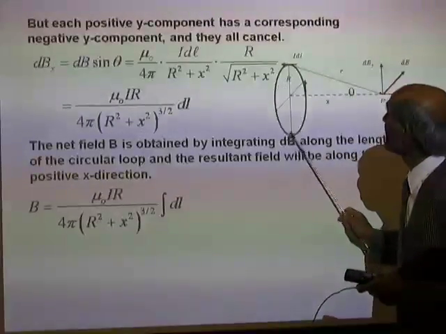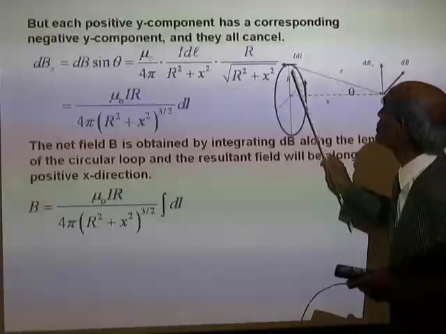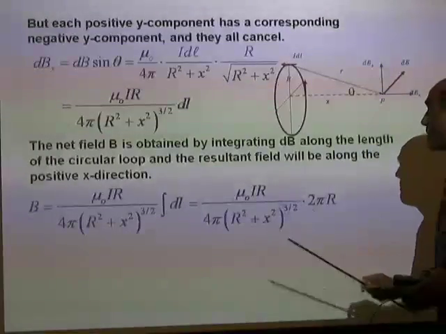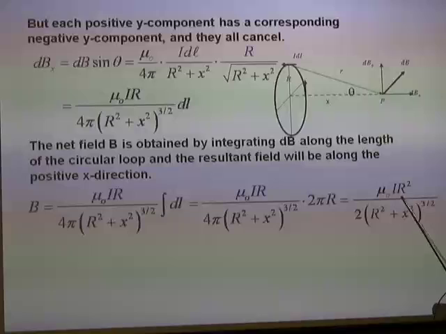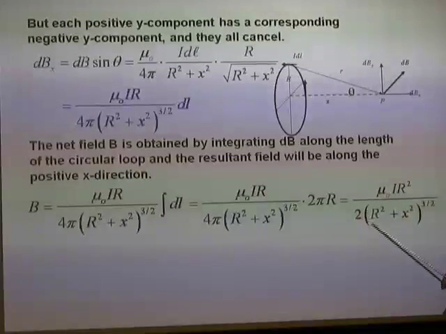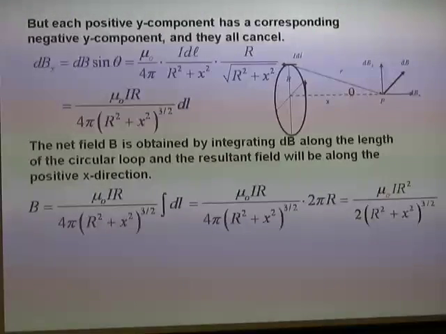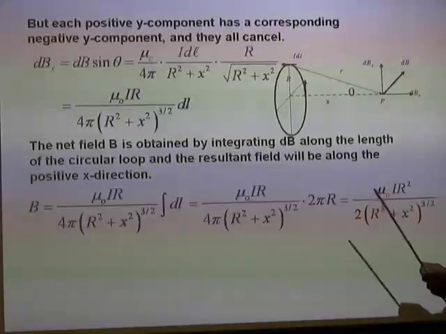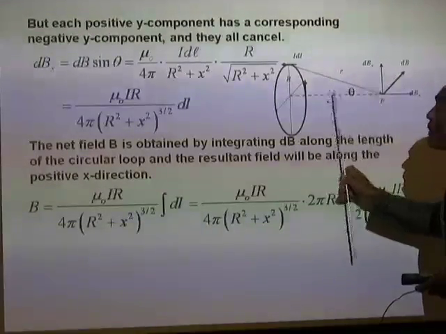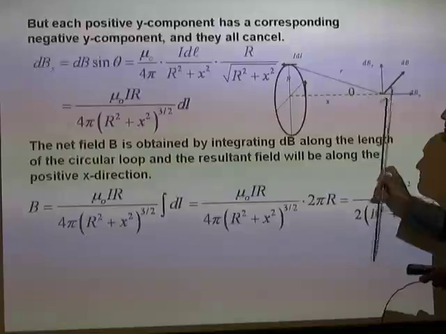The total length around the loop, which is 2 pi times capital R. And simplify that, it gives you this expression, mu 0 I r squared over 2 times r squared plus x squared to the power of 3 over 2. Now, this is the exact expression for the field at a point at a distance x.